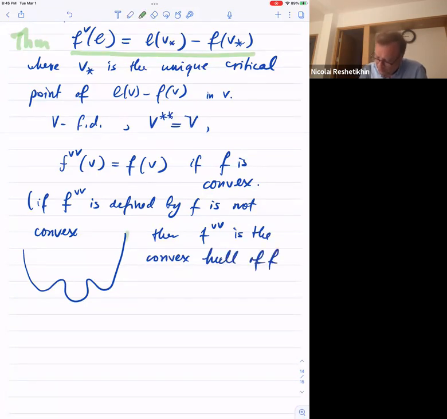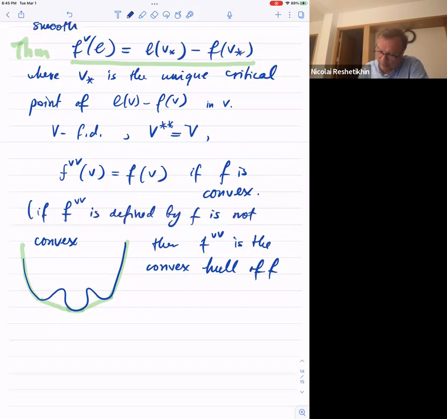In other words, you connect this by a straight line, and then it goes like this. These notions are very important in various questions of optimization, in thermodynamics, in many applications.